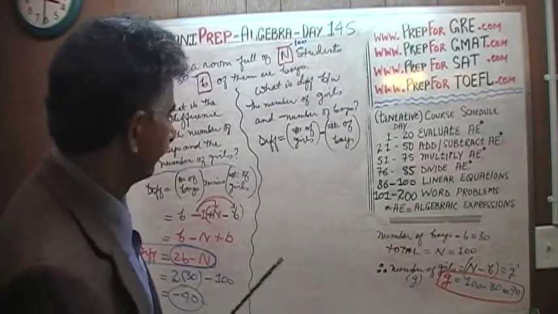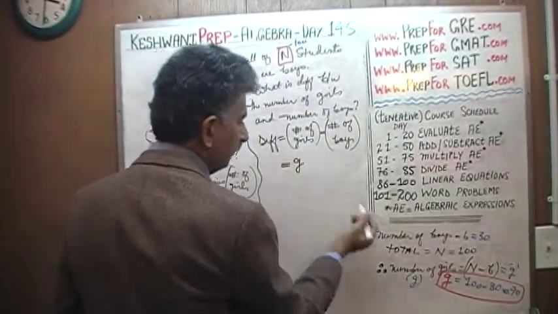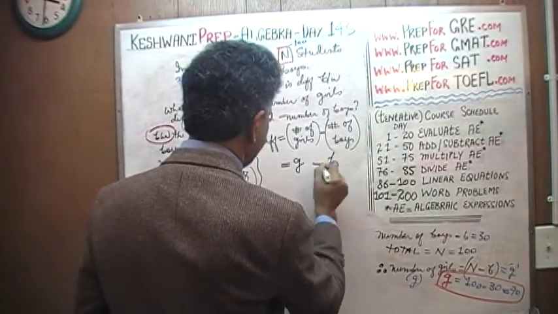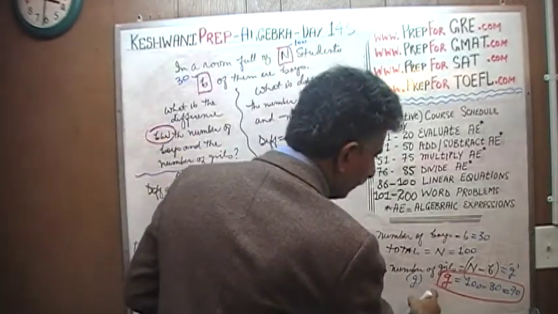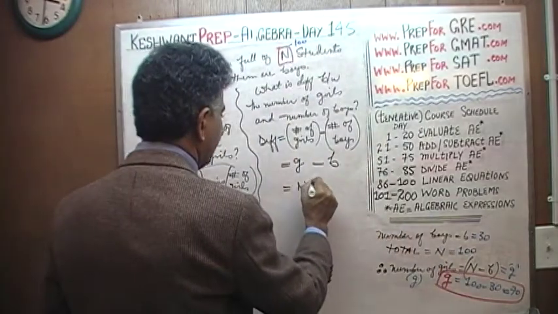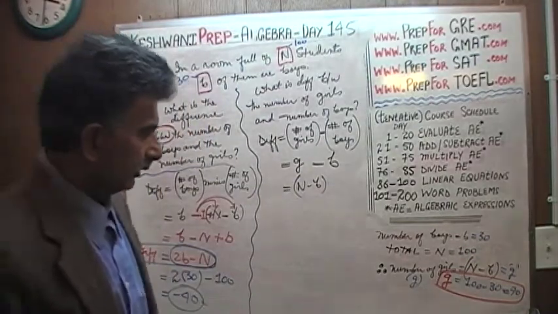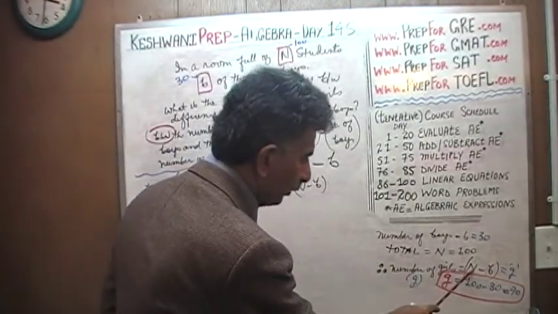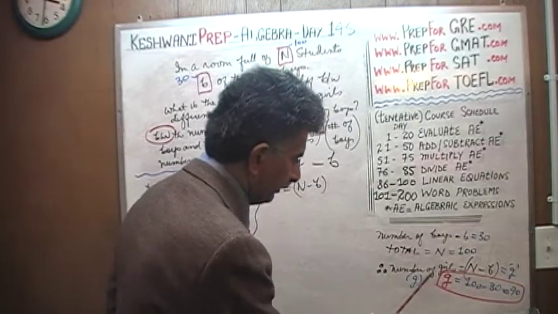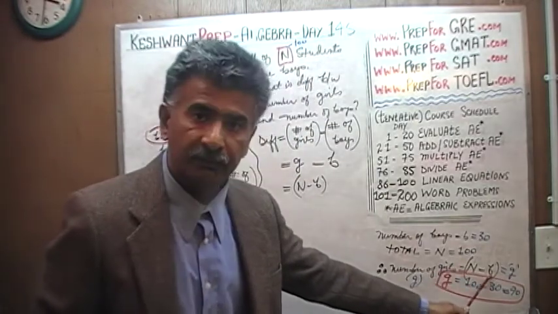Let's see what the algebra gives us. The number of girls, which is G, minus the number of boys, which is B. But G equals n minus B. That's what G equals. The number of girls equals n, which is the total number of students, minus the number of boys.